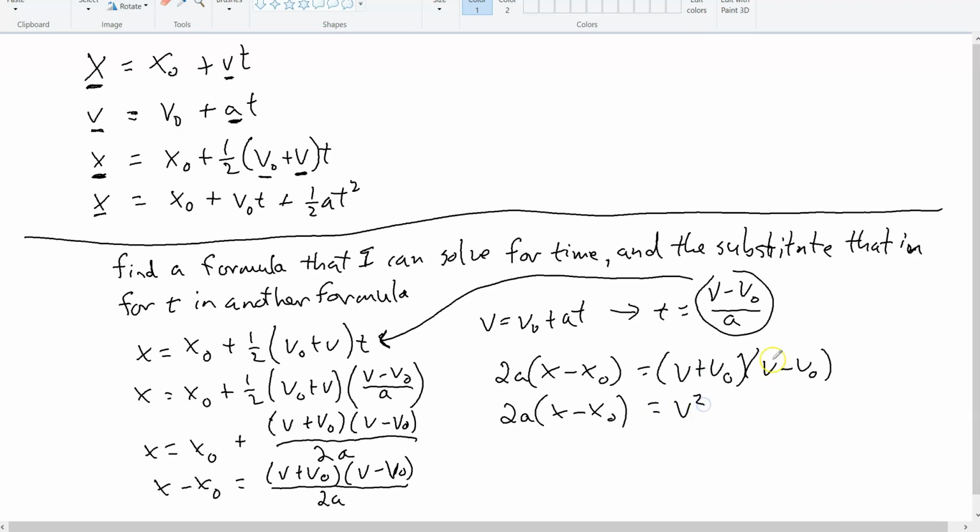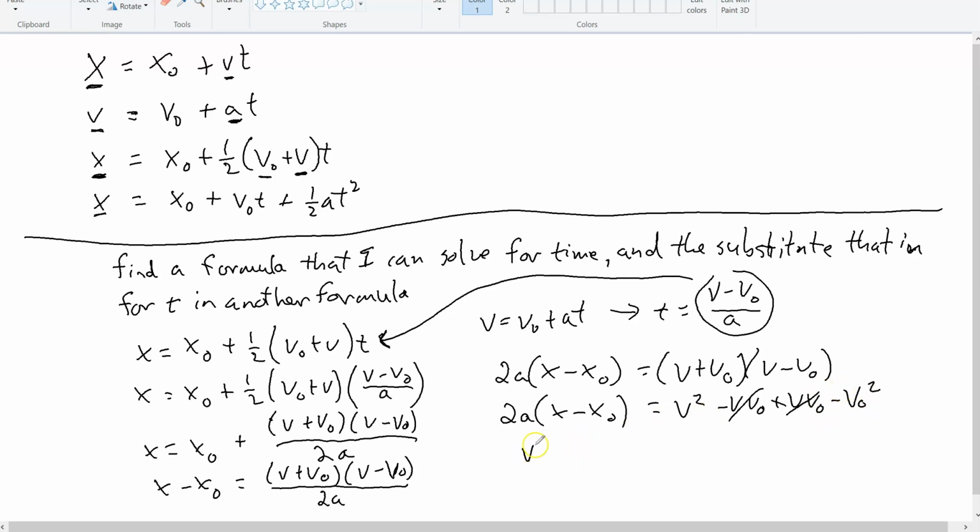So I'm going to end up with 2a times x minus x0 equals v squared minus v v0 plus v v0 minus v0 squared. Okay, that's going to drop out. So I end up with v squared minus v0 squared, and I'm going to add the v0 squared to the other side of the equation.